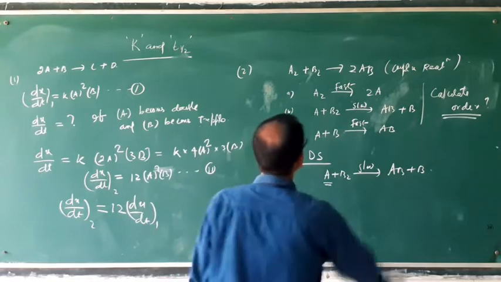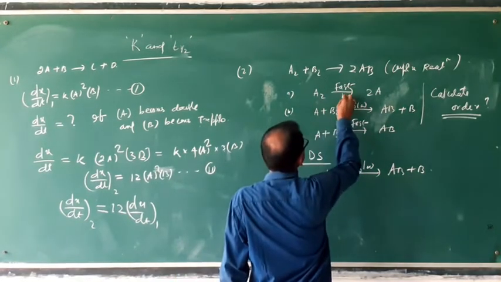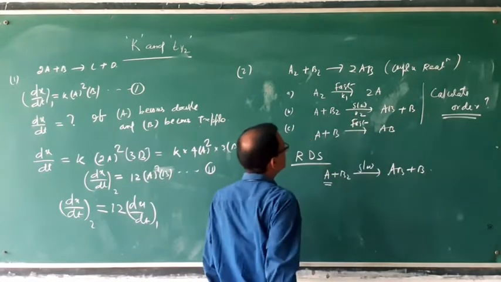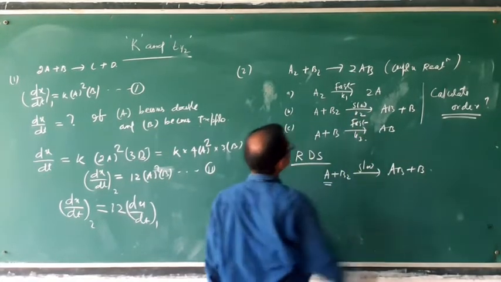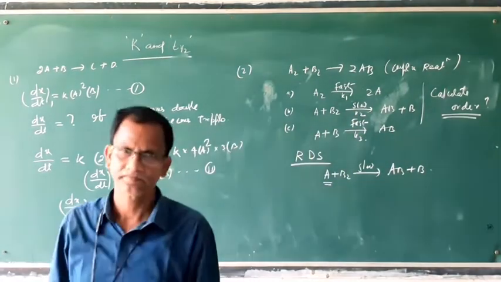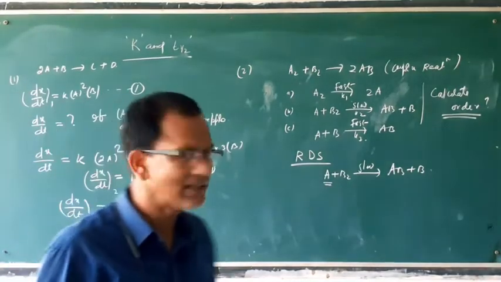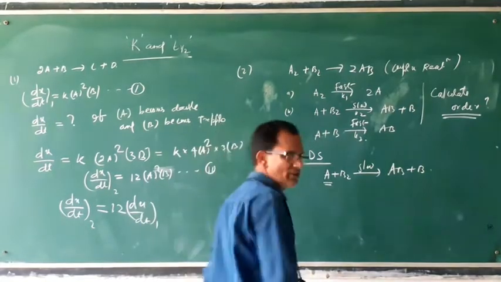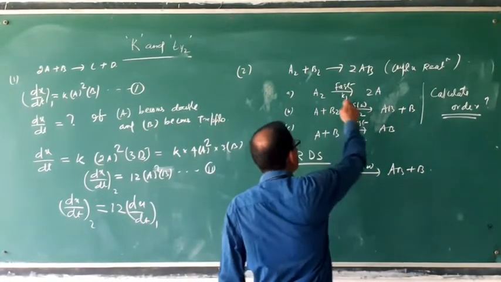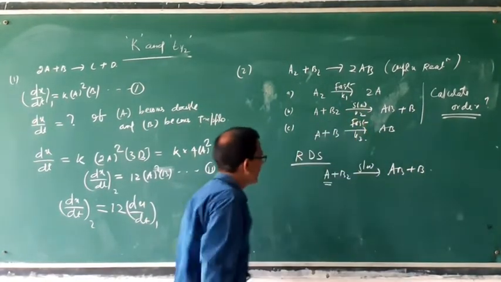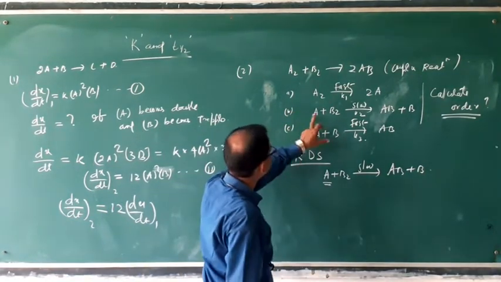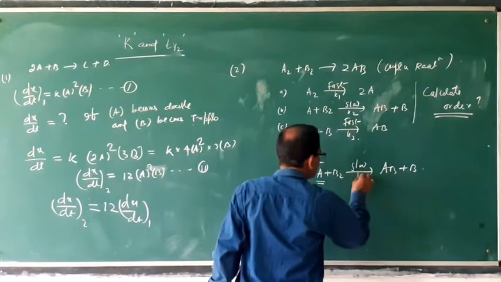How? For this reaction, suppose this is your K1, this is your K2, this is your K3. Every reaction has a rate constant. Every equation has a rate constant: K1, K2, K3. But as per the question, your slowest step is the second step, already it is given, K2.